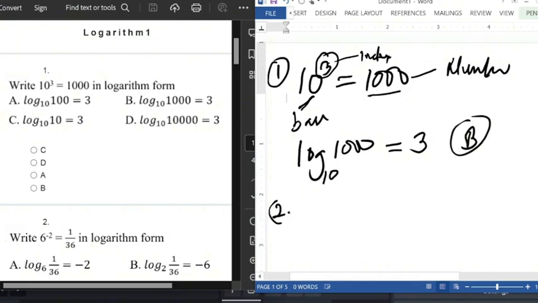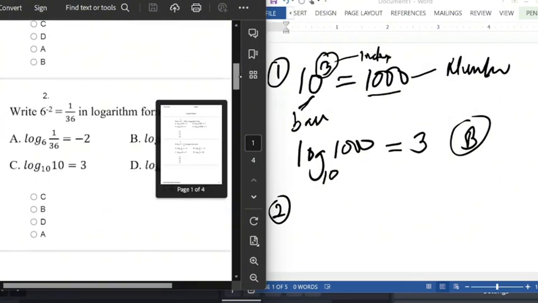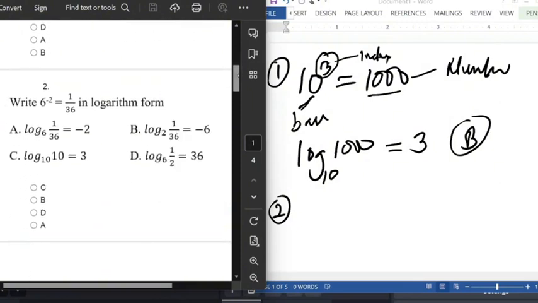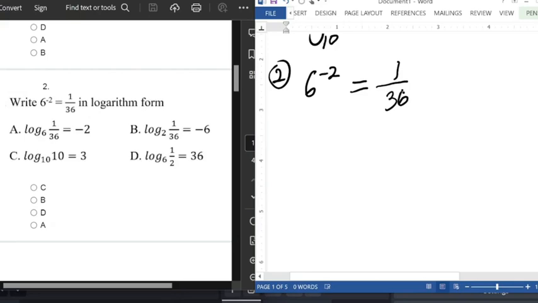Then for number 2, we have to write this in logarithm. We have 6 raised per minus 2 equals 1 all over 36, right? This is still the number, this is the power, and this is the base.